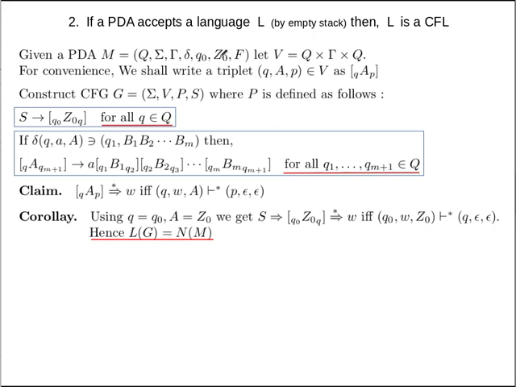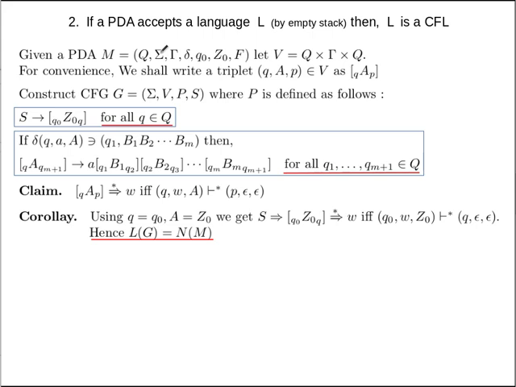Now this sigma is the input alphabet, so this is the alphabet for your input, and we saw in the other proof where we constructed the PDA from the grammar that the non-terminals corresponded to the variables, right?